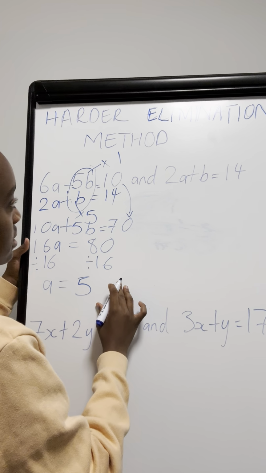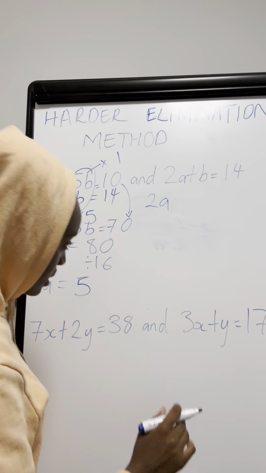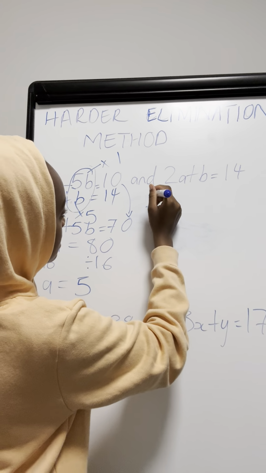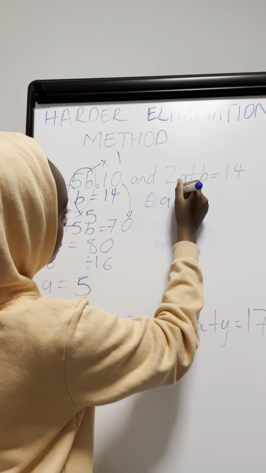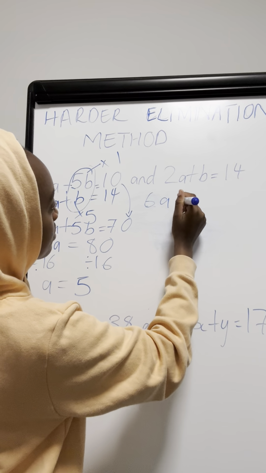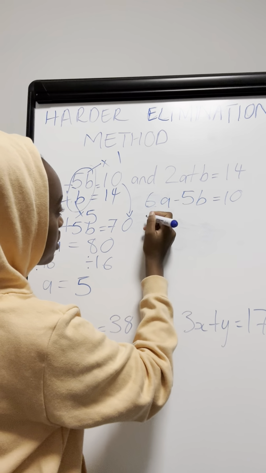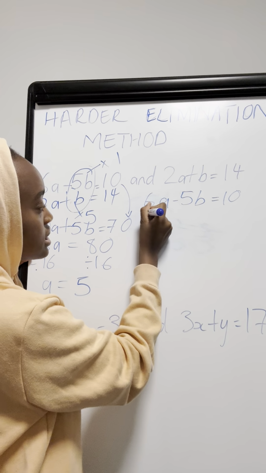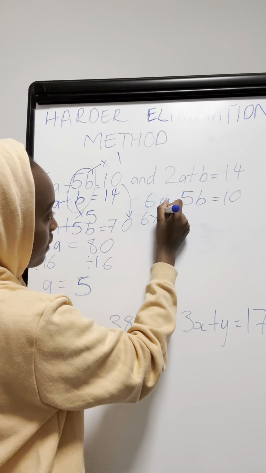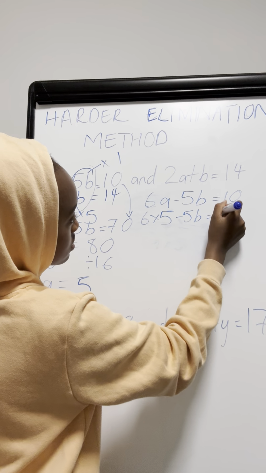And then for our second one, we'll first rewrite the first equation, 6a minus 5b equals 10. Now that we have our a, we'll do 6 times 5 minus 5b equals 10.